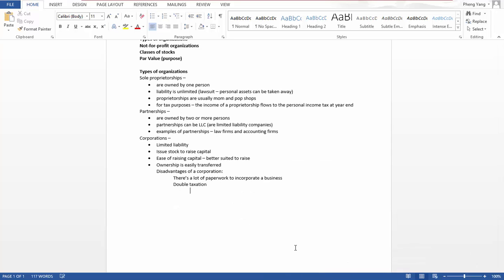Okay, and then within the double taxation area, it's called a double taxation because corporations first pay income tax on their earnings, and when the earnings are distributed to the shareholders or owners of the business, the dividends are also taxed.